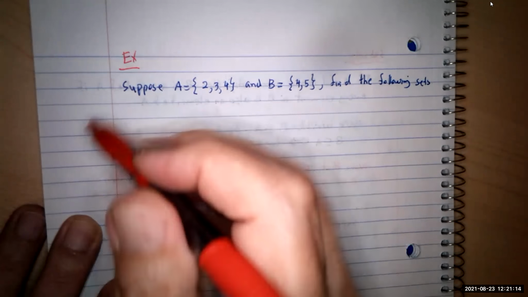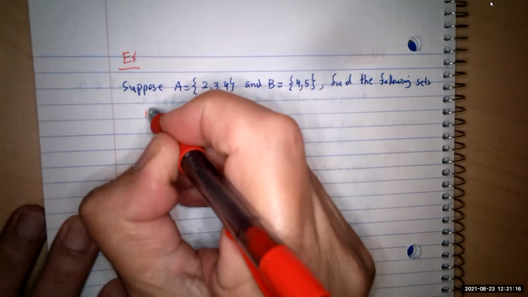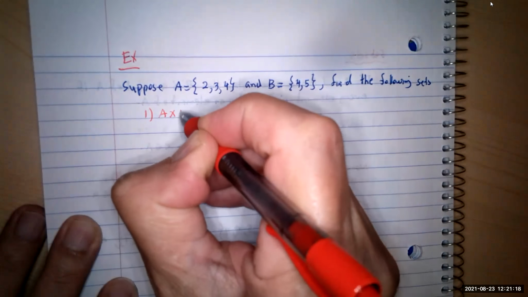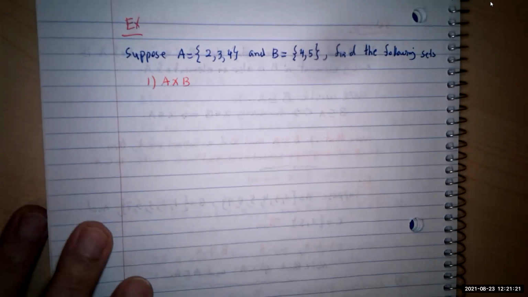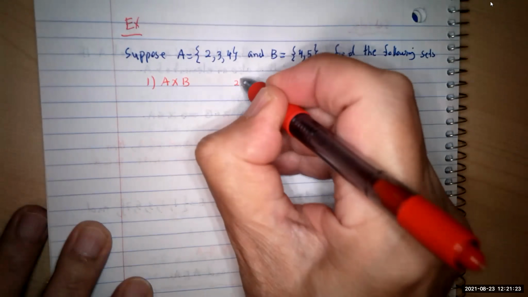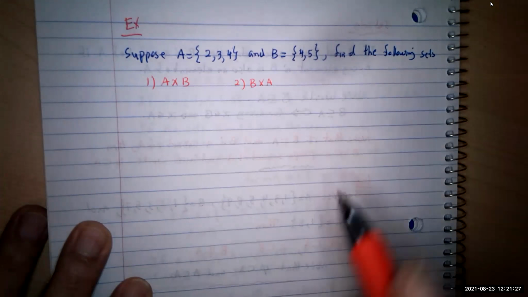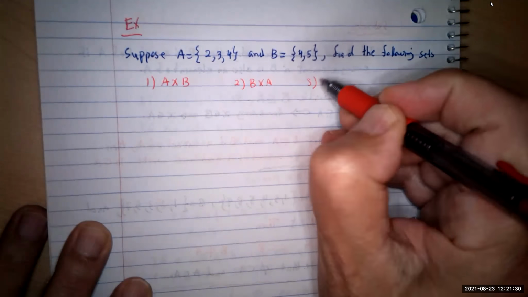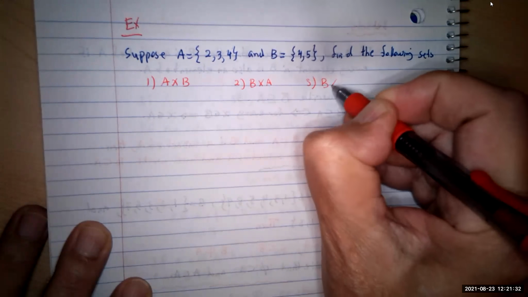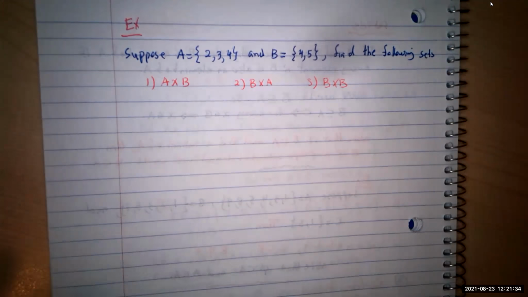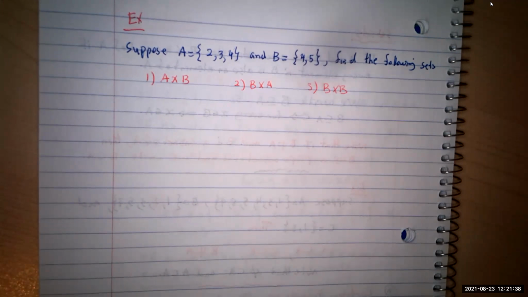That's your job. The first part asks for A cross B. The second part asks for B cross A. And the third part asks for B cross B. I would like you to list all the members in this case. Are you ready?